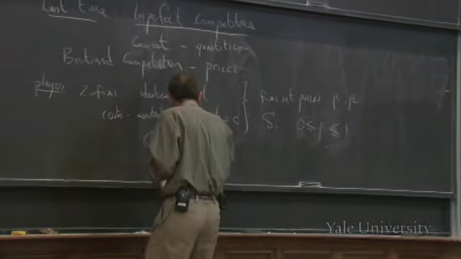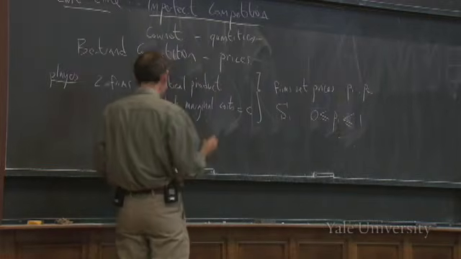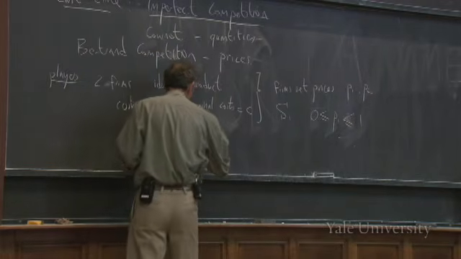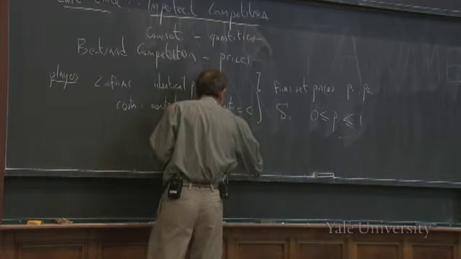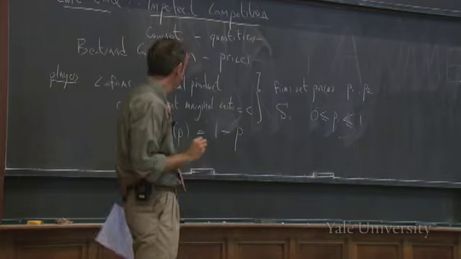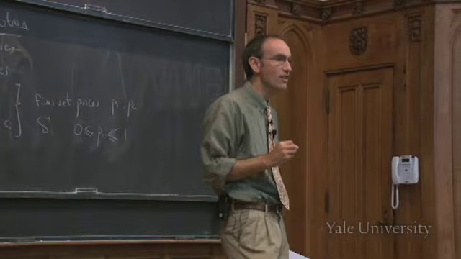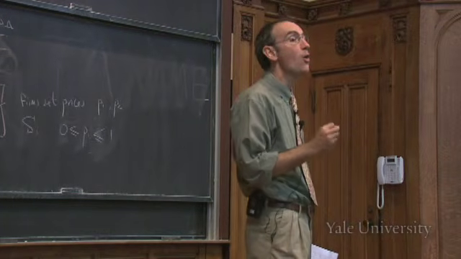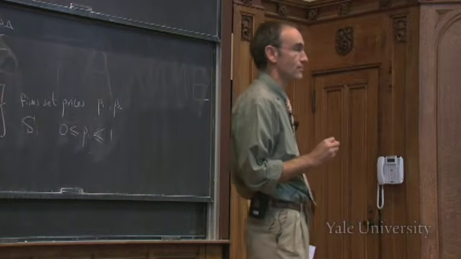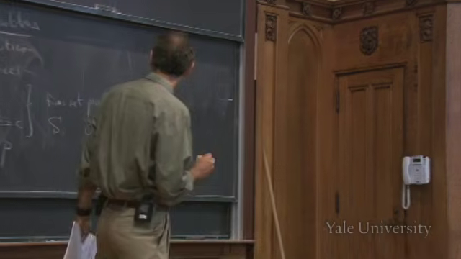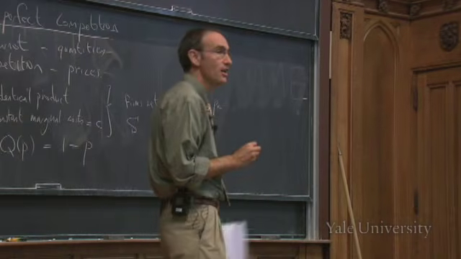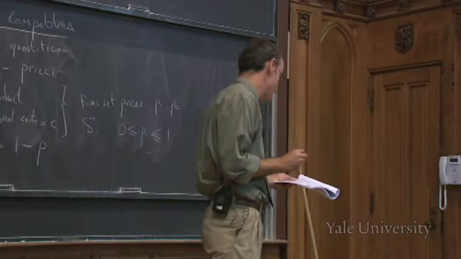And we're going to notice there's no subscript on this P, and you'll see why in a second. So we'll assume, just to make life simple, that the total quantity produced is 1 minus P, where P is the lower of the two prices. All right? So the total quantity demanded is 1 minus P, where P is the lower of the two prices.